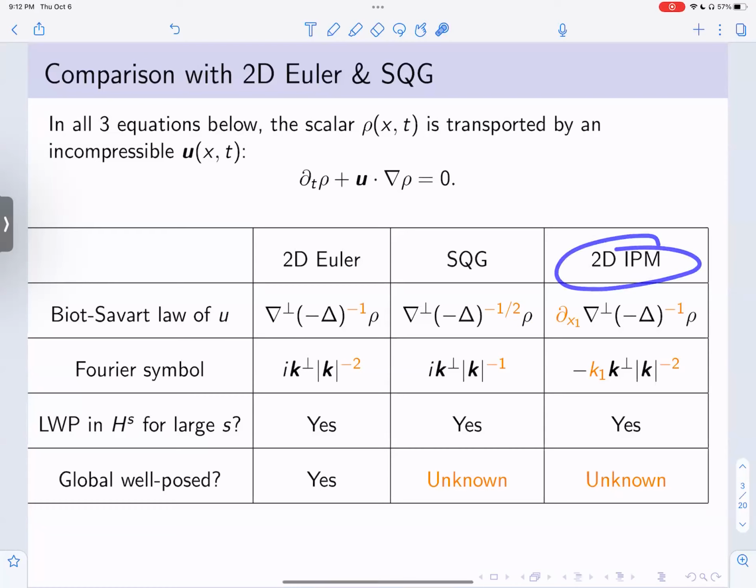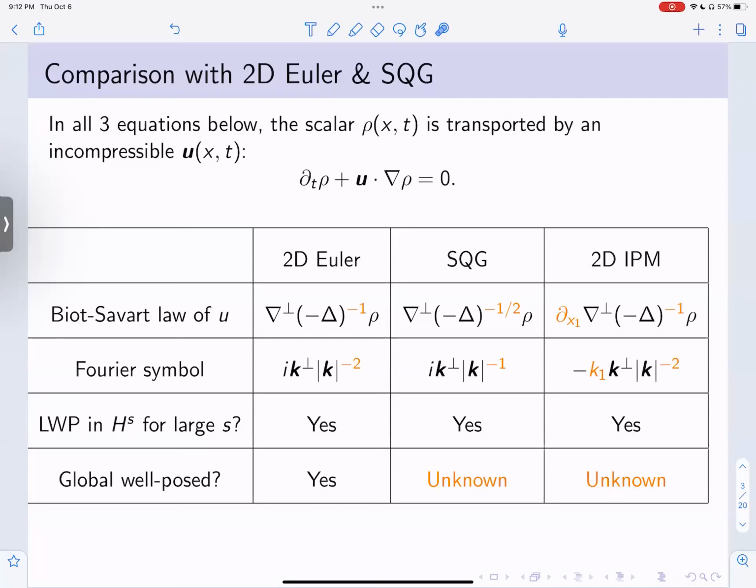And what about IPM? Well, we just discussed the Biot-Savart law for the IPM. We are taking one inverse Laplacian, which is two derivatives better, and then we take one derivative and another one. So again, u is of the same regularity as rho, which is also reflected in the fact that the operator for the Fourier transform is homogeneous of degree 0.